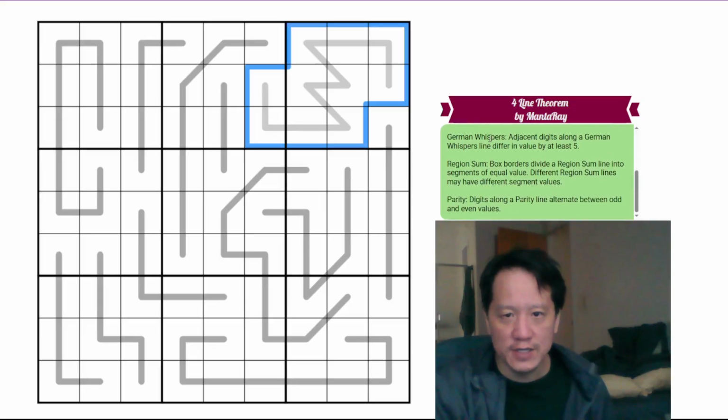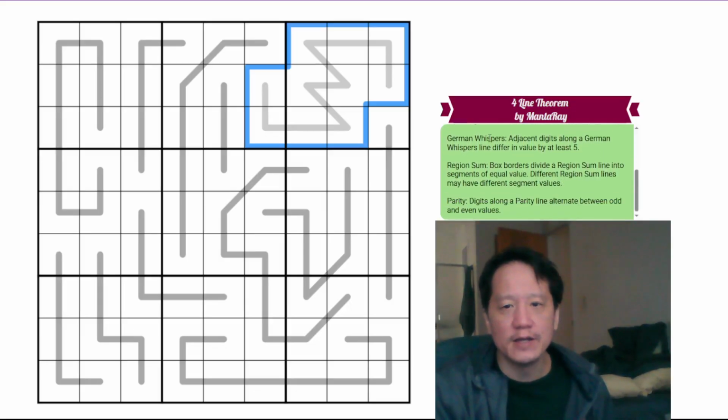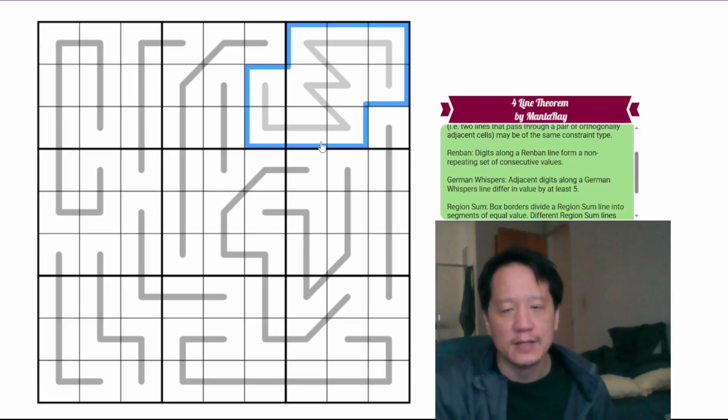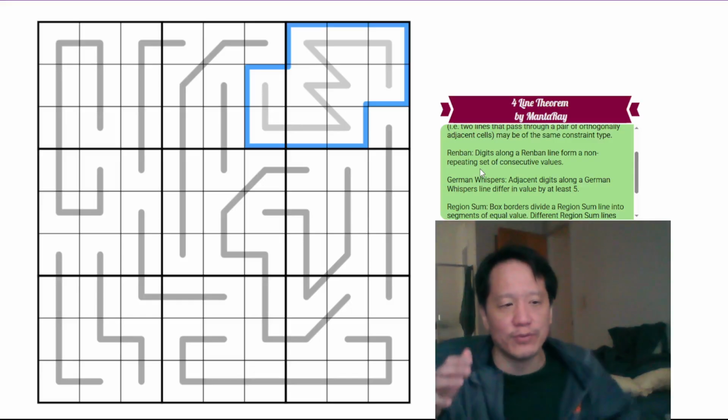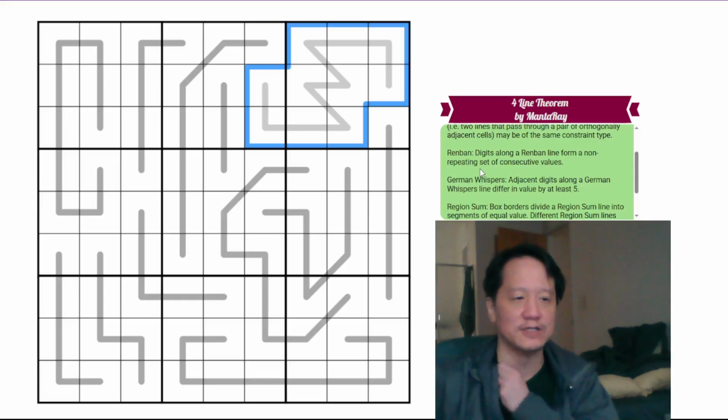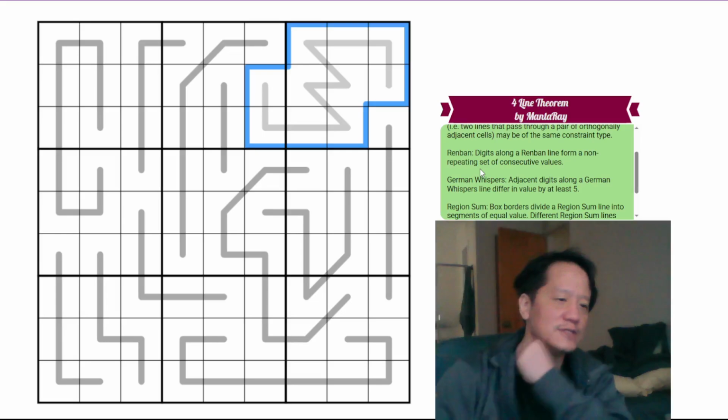What are the constraint types? We have Renban, where digits along a Renban line form a non-repeating set of consecutive values. Interesting, I wonder why they say values. I guess it's broader, so you can extend it to different types of puzzles.